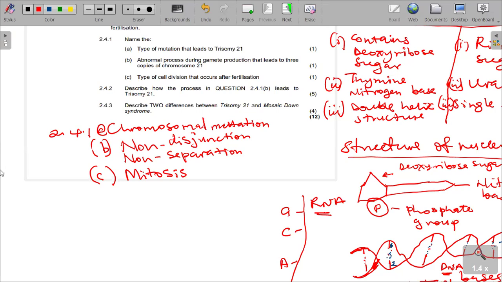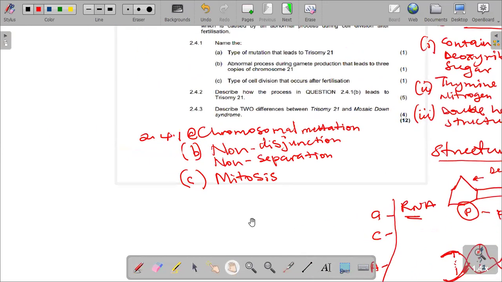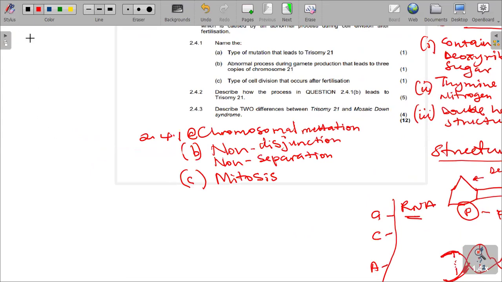And then question 2.4.2 wants us to describe how the process in question leads to trisomy 21.